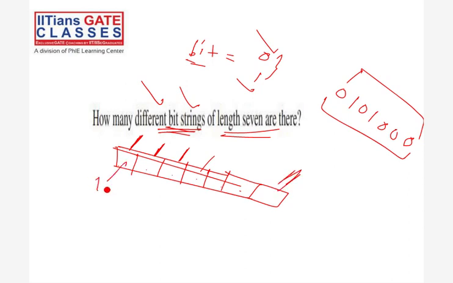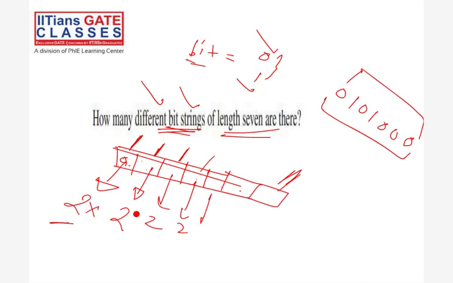How many ways are there to create each bit? There are two ways: I can put 0 or I can put 1. Even if I put 0 here, I can again put either 0 or 1 in the next place, so again there are two ways. Similarly, there are two ways at each position.